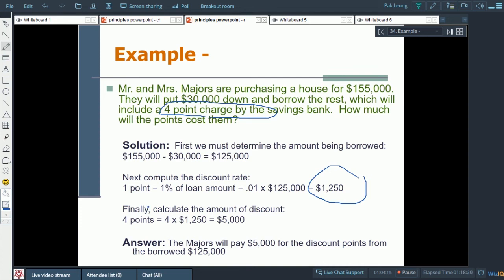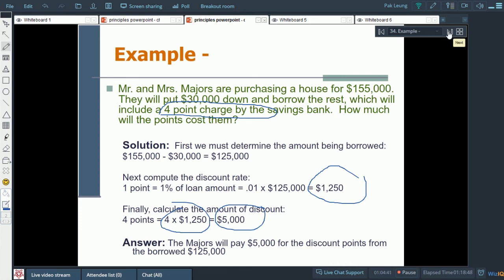So 1% of the loan amount is what? 0.01 times 125, okay? So 0.01乘12万5, OK, 1250块, okay? So each point is going to cost them $1,250. Okay, so how many points do they have to pay? 4 points, right? So 4 times 1250 is $5,000.